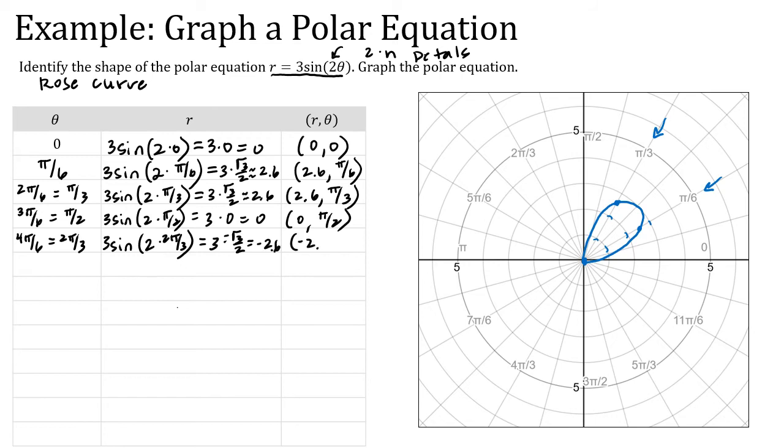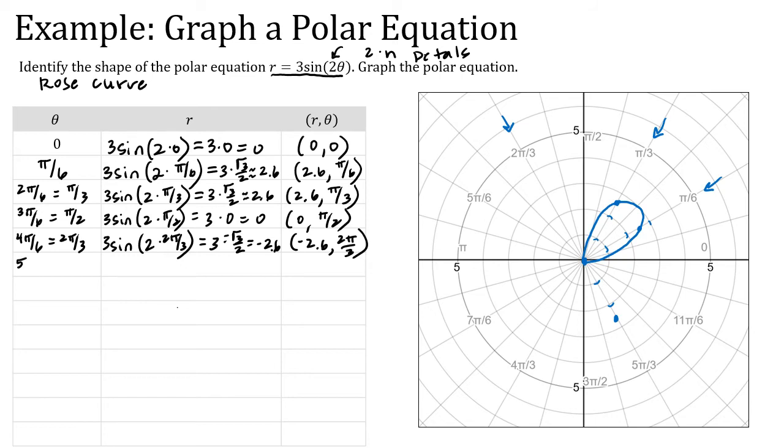So negative 2.6, comma, 2 pi over 3. Let's just see what that looks like. So 2 pi over 3 is in the second quadrant, but with that negative radius, I have to travel across it to 5 pi over 3. So let's see, there's going to be 1 and 2, and I'm going to be about right there. Okay. All right, let's keep going.